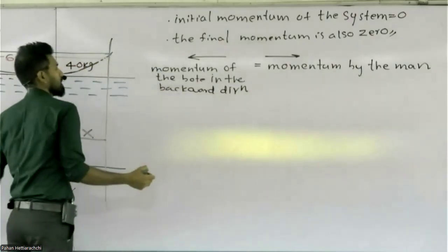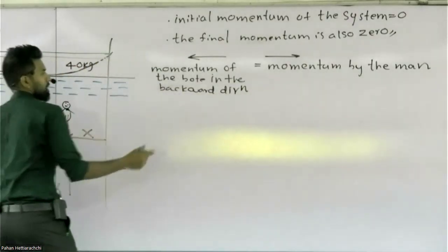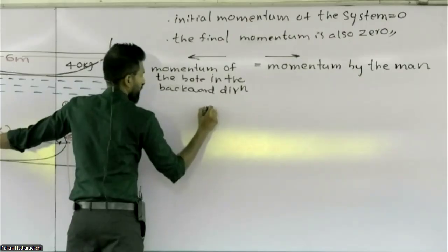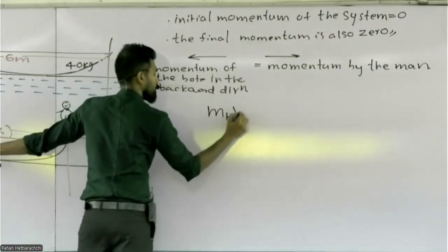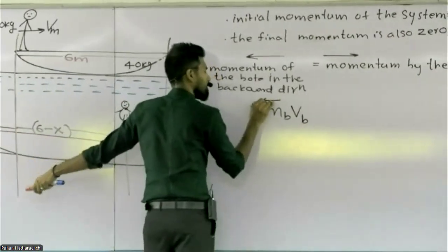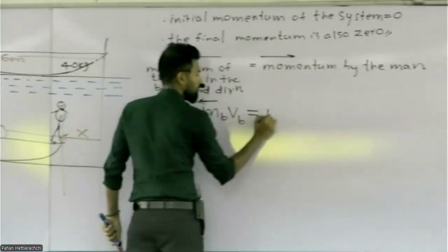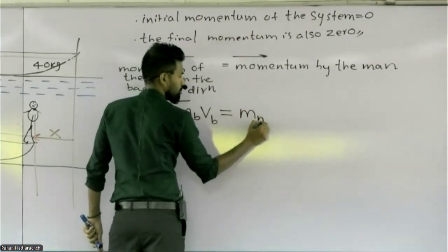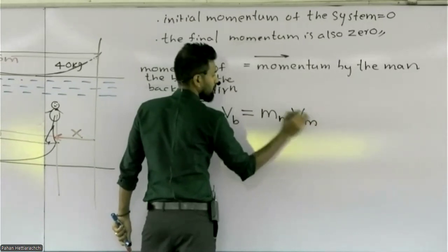What is the momentum of the boat in the backward direction? Mass of the boat times velocity of the boat. That momentum should cancel out with the momentum of the man, mass of the man times velocity of the man in the forward direction.